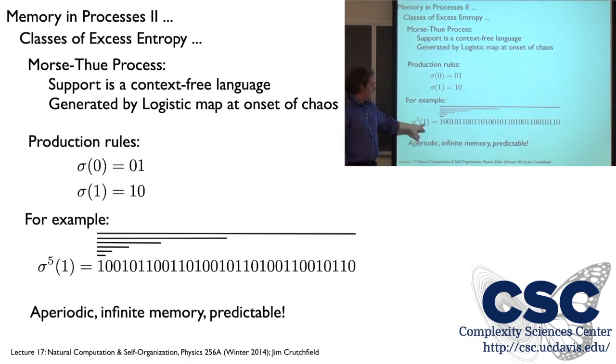I'm going to start with the initial string 1, but then do this 5 times. Okay, so the first thing is 1. That's just sigma. And I replace that with 1, 0. Now I do it again, which means I replace the 1 with 1, 0, and the 0 with 0, 1, so that now I have a length four string, which is 1, 0, 0, 1.